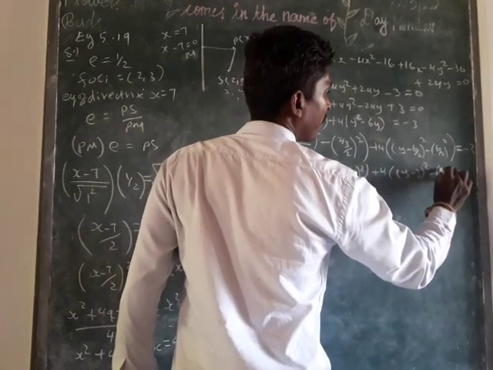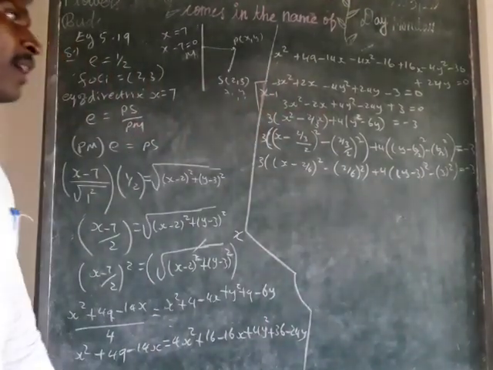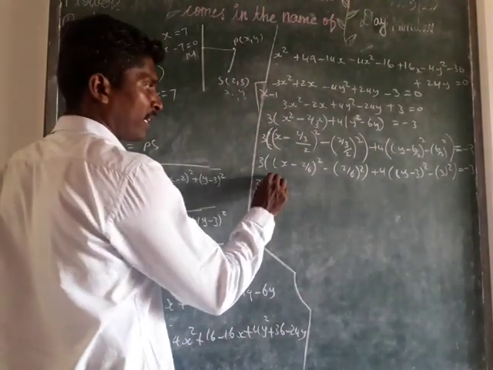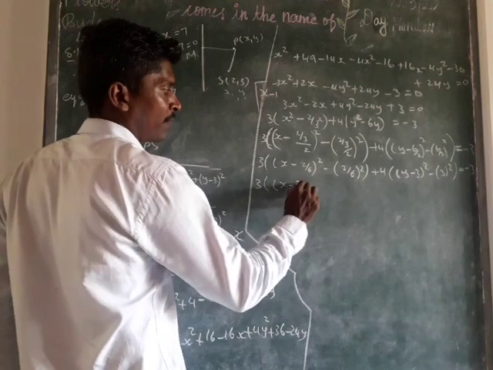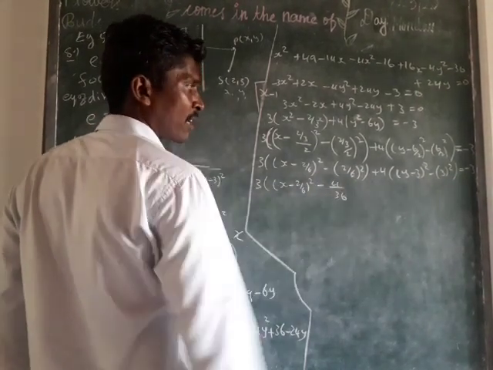Minus 3 square equal to minus 3. Now finally we have 3 into x minus 2 by 6 the whole square minus 4 by 36.